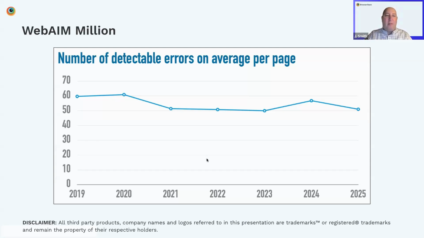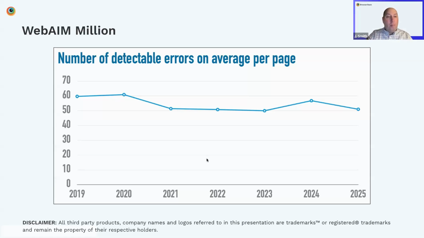We used a slightly different sampling method last year and this year, but this does maybe suggest some improvement, but still 51 errors, right? That's like 1 in every 20 or 30 elements on the average homepage, things that a user could see or interact with, has some sort of accessibility potential barrier. That's really impactful for users with disabilities. So there's a lot of issues out there on the web.